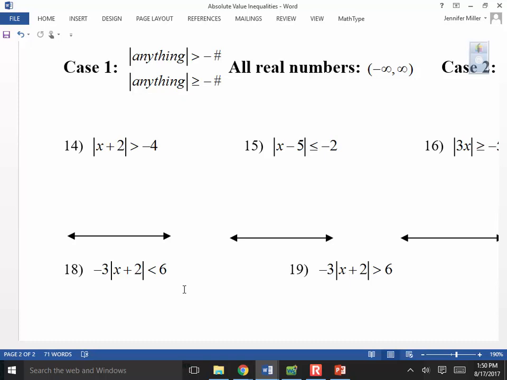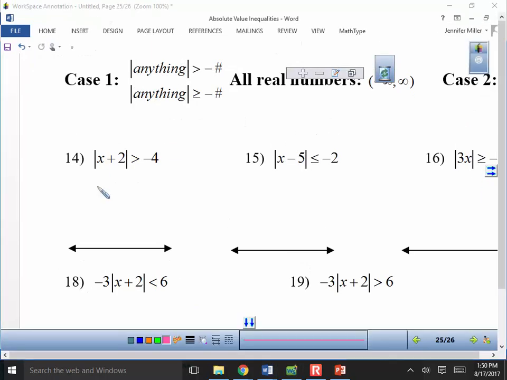Who can think of a number for x that will make this true? 10, okay? 10, so 10 plus 2 is 12. Absolute value of 12 is 12, and 12 is greater than negative 4? Good, okay. Who's next? 0. 0 plus 2 is 2, and absolute value of 2 is 2, okay, that works. Anybody else?